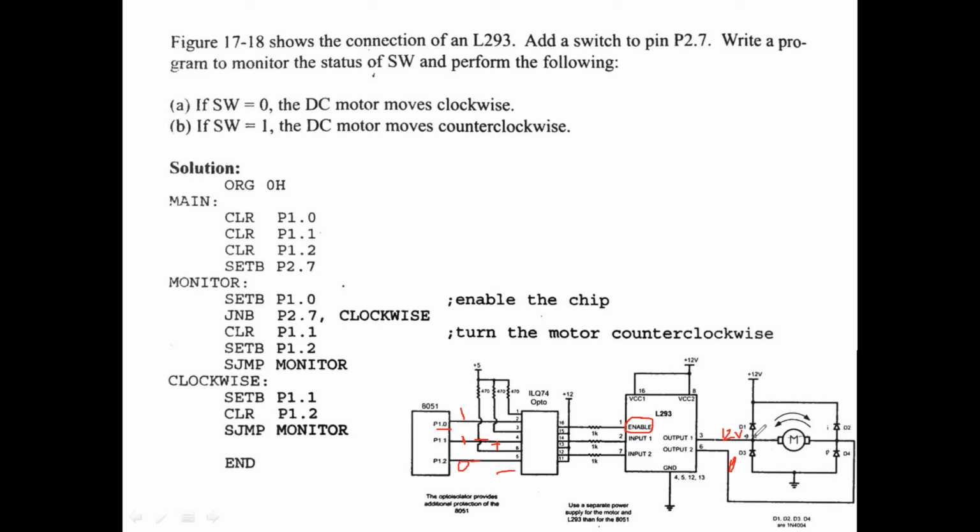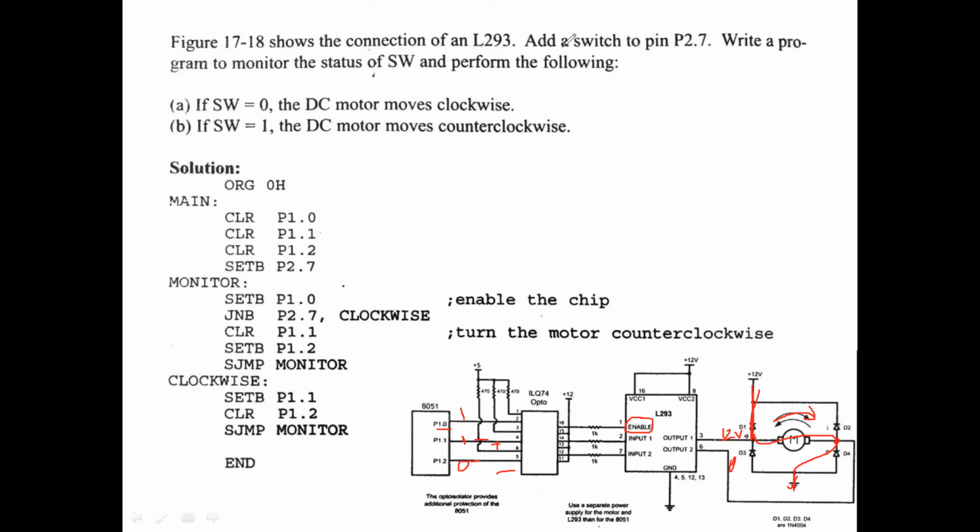If it is 12 volt, this will conduct in forward bias. Then this is going to be 0 potential. The diagram will have a connection like this. Then your motor will rotate in the forward direction.